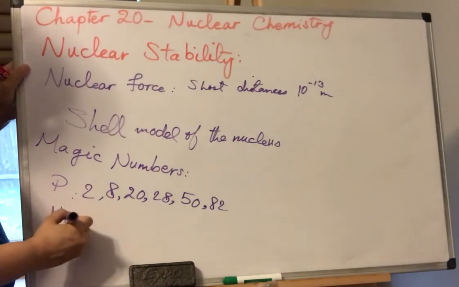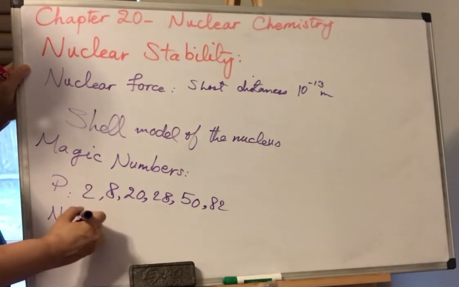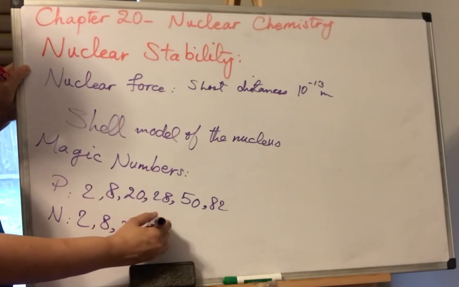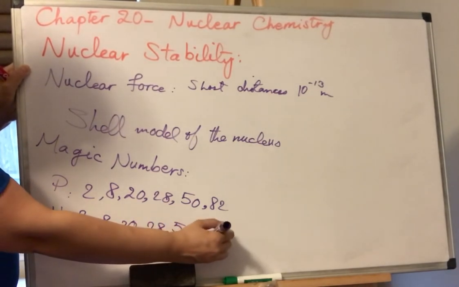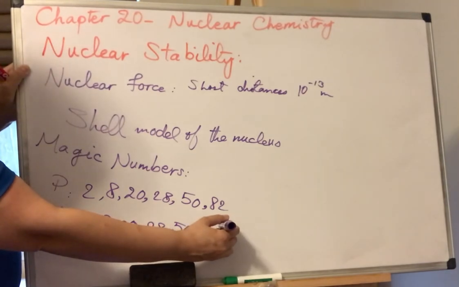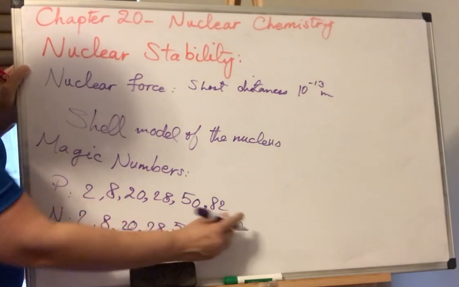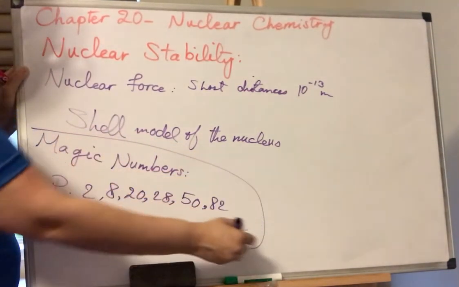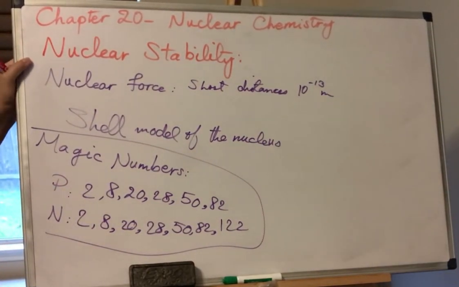The number of neutrons, we're talking about both of the nucleus particles: 2, 8, 20, 28, 50, the same. Instead of stopping at 82, we also have 126 for the neutrons. So you need to remember these numbers for the exam.